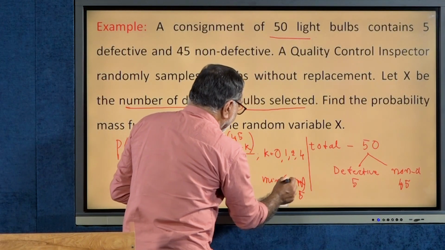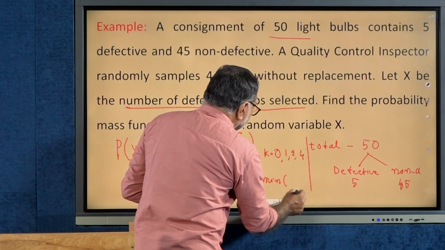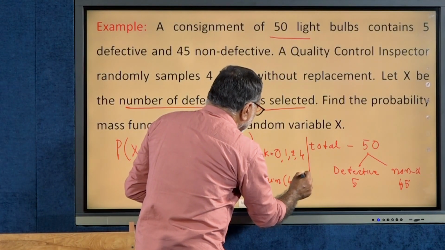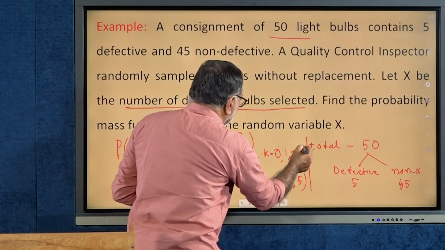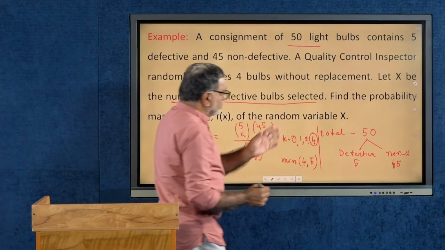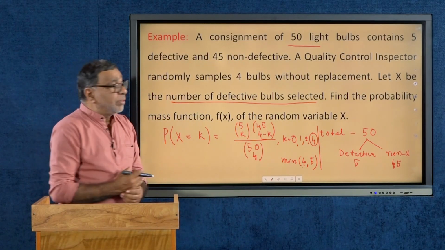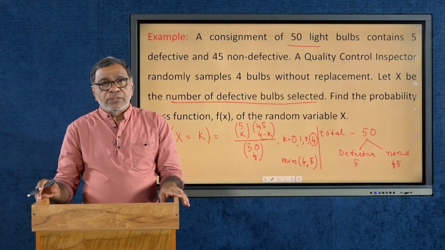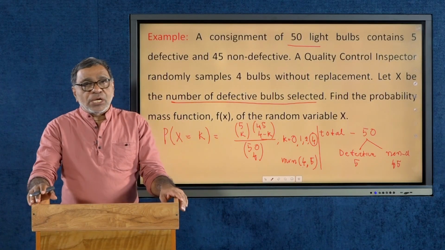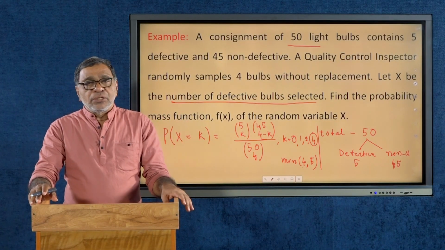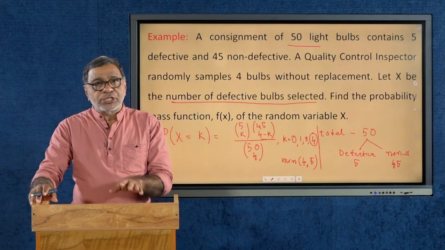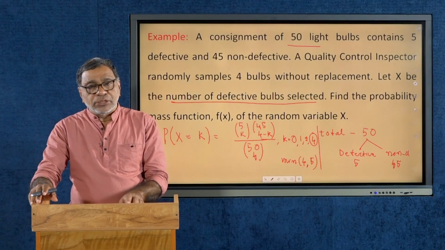So remember, the maximum value of k is the minimum of 4 and 5, that is 4. So this is the probability mass function of this particular experiment, and this is the probability mass function of a hypergeometric random variable.